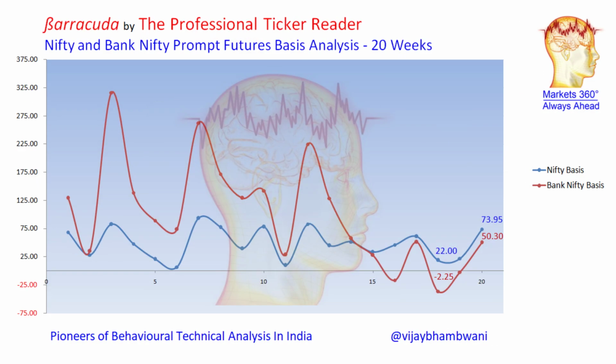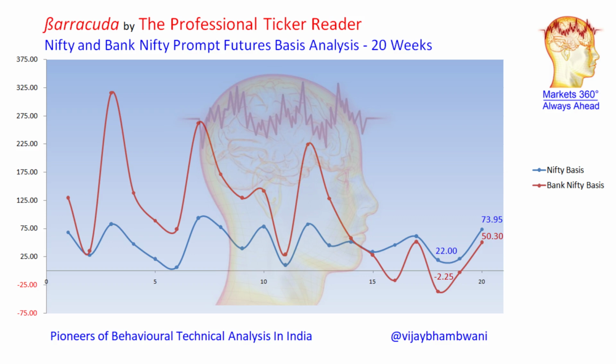Now for the prompt futures basis. Basis is nothing but the futures premium or discount to the spot. Here, both the indices are logging positive basis. Do remember it's the beginning of the June derivative cycle, and traders have one full month ahead of them to trade, and therefore they are willing to pay a higher premium.